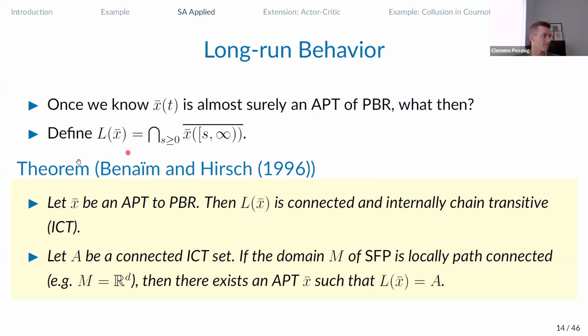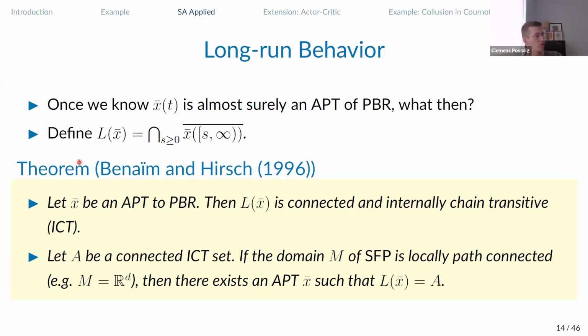And here's the result by, I think, initially Benaim and Hirsch from 1996. If you take an asymptotic pseudo trajectory of an ODE, then the limit set of this pseudo trajectory is an internally chain transitive set of the ODE. We're going to define this in a second, but this is now a specific solution to the ODE.